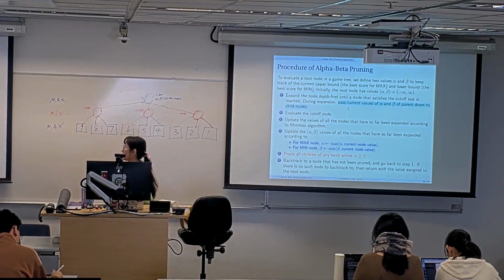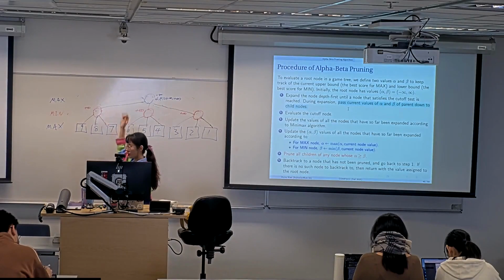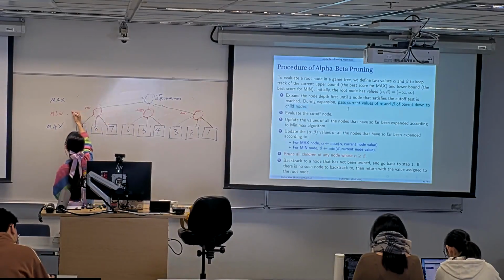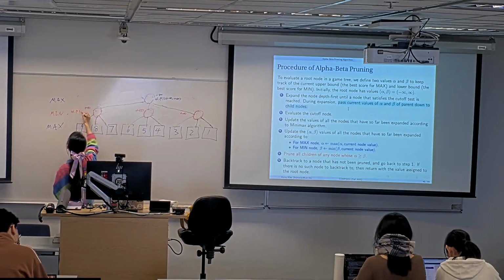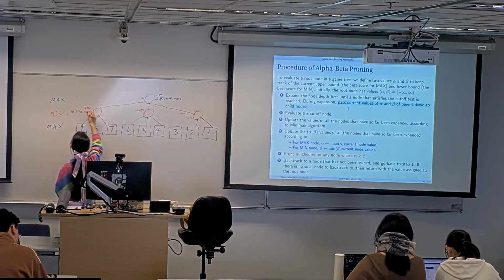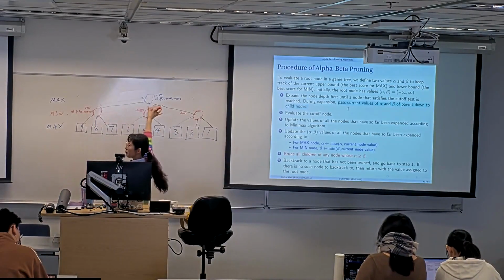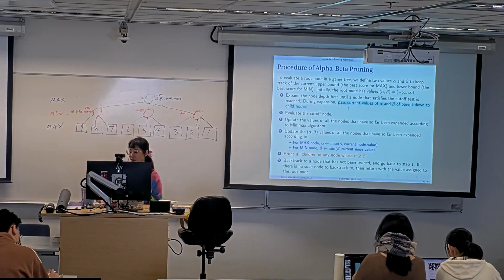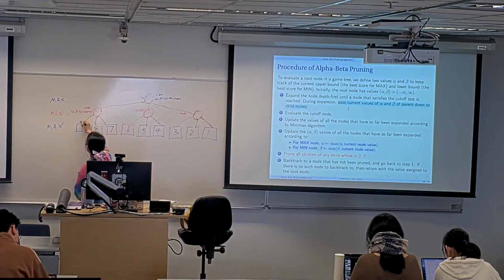So starting from the root node, we go to this min node, and it immediately accepts the alpha and beta values from its parent. So now this min node also has alpha and beta values of negative infinity and positive infinity. Then we go to the child node.